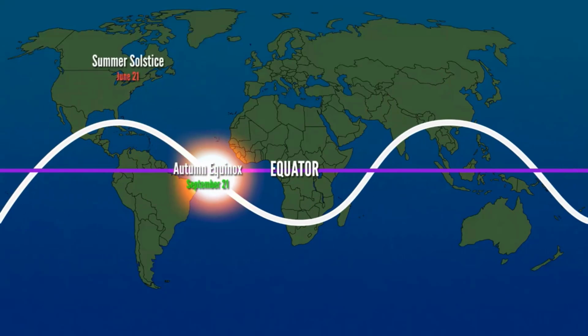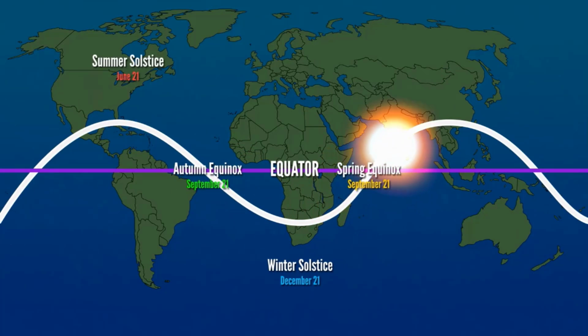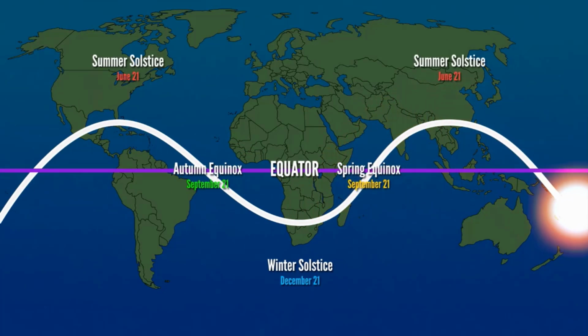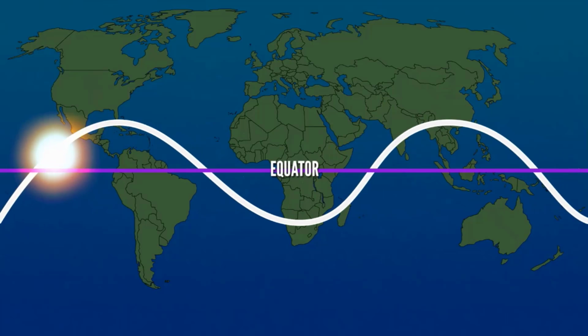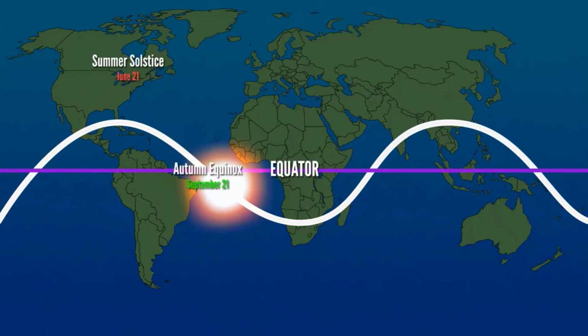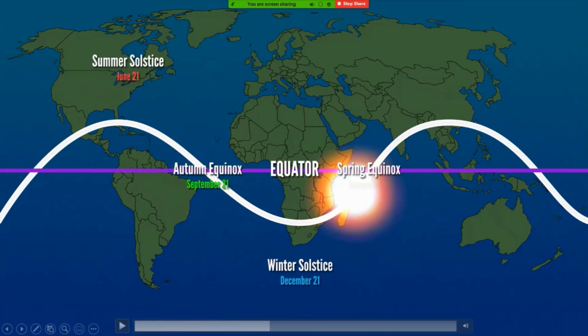So this path that it's going on, once it reaches its high point, that's the summer solstice. Once it reaches its low point, that's the winter solstice. So what's going on here is we're having a celebration that's occurring directly on the winter solstice. So when the sun is at its lowest, when the sun is dying, and then if you take a look over here in the spring, you see the sun coming above the equator.